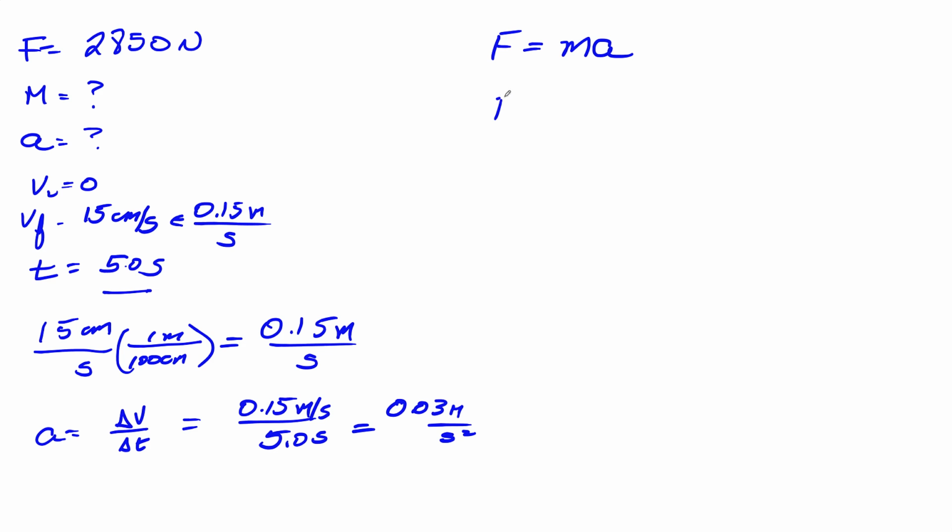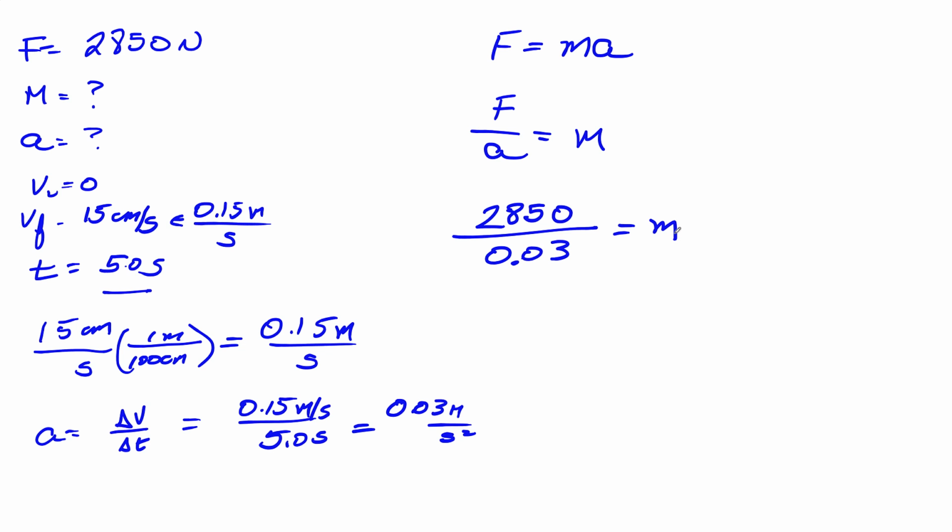If we take the force and divide by acceleration, we're going to get our mass. So plug in the numbers: 2850 divided by the acceleration, 0.03.